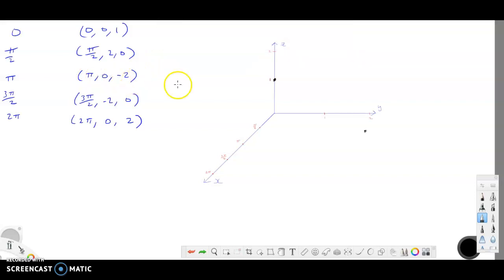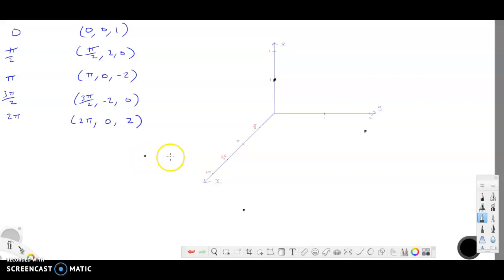Point number 3, we're pi units out on the x-axis, and we're 0 shift left and right on the y, and we're gone to a depth of 2 on the z-axis from this point straight down, so you can imagine we're down here somewhere, right? That's point number 3. Then we have 3 pi over 2, we start out here on the x-axis, and on the y-axis we're minus 2, so we're heading this direction here 2 units, somewhere out here.